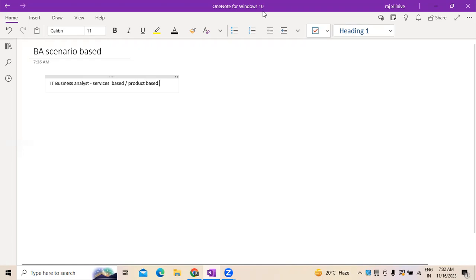For example, ServiceNow is a product by itself. They want to enhance their product to the next level, because for a product to have an existence in the market for a long time, they want to add new features and functionalities that are required for the customer.